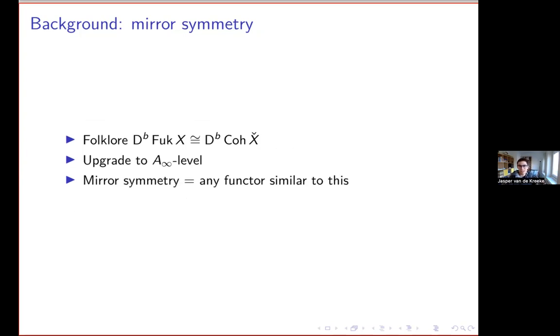But just as background, the folklore statement of mirror symmetry is that you want to have a symplectic manifold X and a so-called mirror manifold, which is an algebraic variety X check, and you want the Fukaya category of X to be the coherent sheaves of the other. You typically want to achieve this on the A-infinity level. And for me, mirror symmetry is just any A-infinity functor from one side to the other.